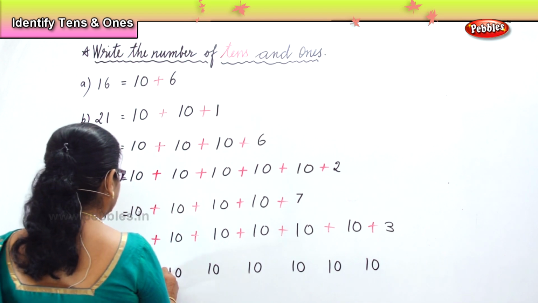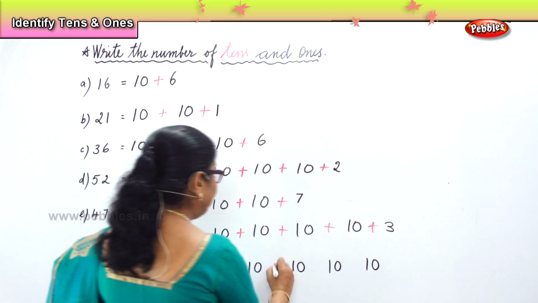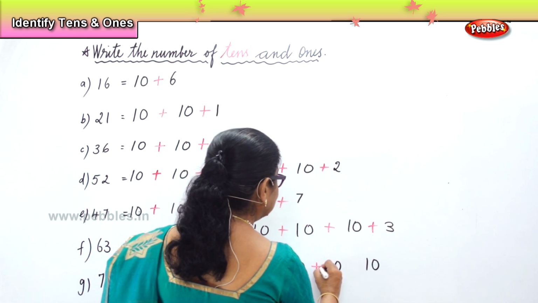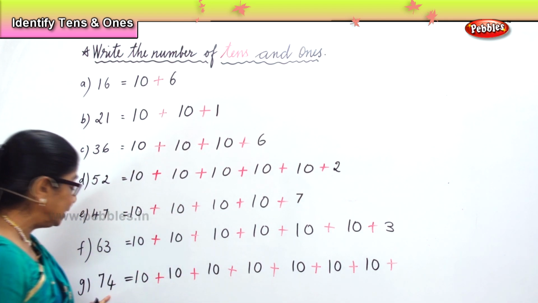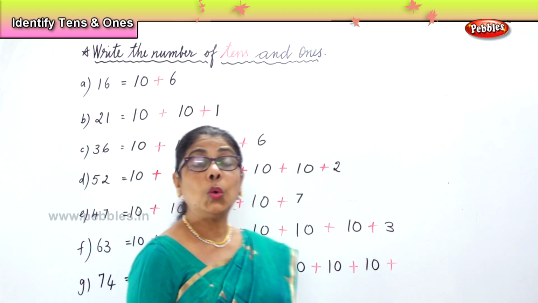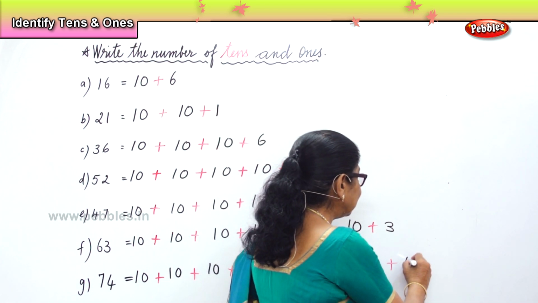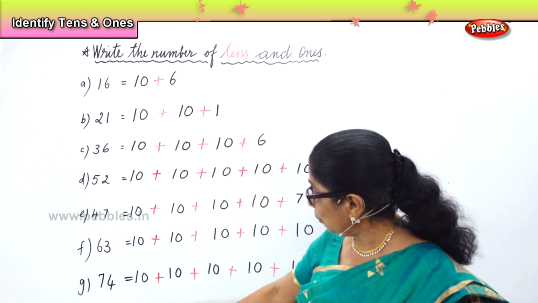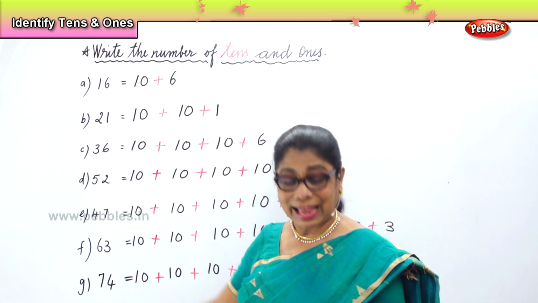That is 10 plus 10 plus 10 plus 10 plus 10 plus 10 plus 10. Now you have 70 and 4 ones. That is 70 plus 4, 74. See, now you are able to identify tens and ones.